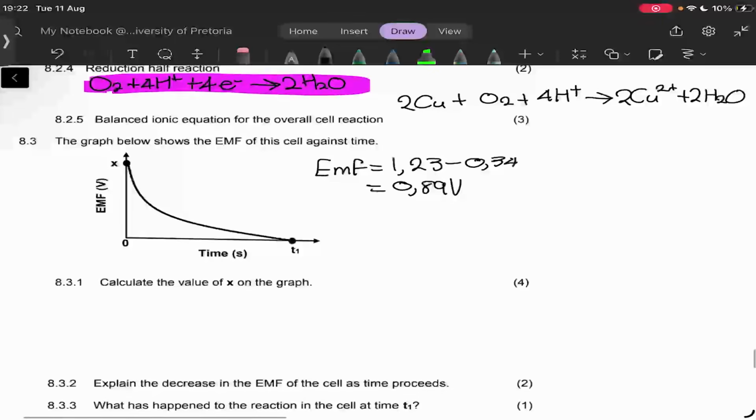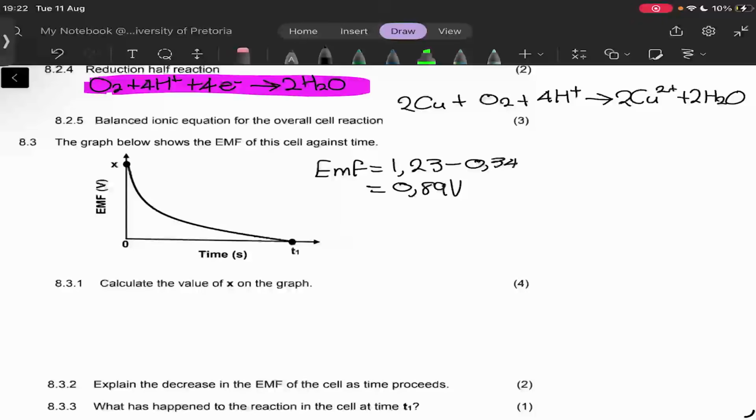Let's go to 8.3.2. Let's explain the decrease in the EMF of the cell as time proceeds. So for this one, the EMF decreases because the concentration of reactants also decreases. So in other words, our cell is reacting, we are nearing equilibrium. As we near equilibrium, the concentration of reactants decreases.